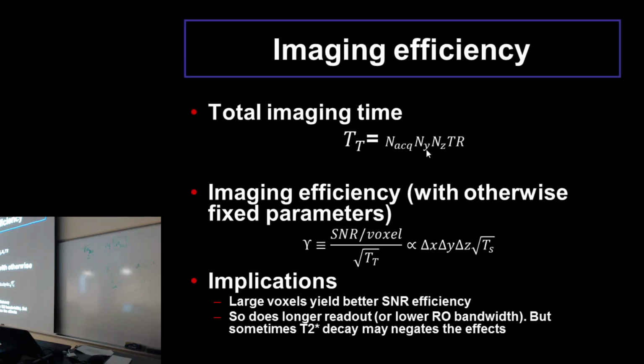Let's just consider 2D. So now what I'm saying is this multiplied by 2 and Y divided by 2.